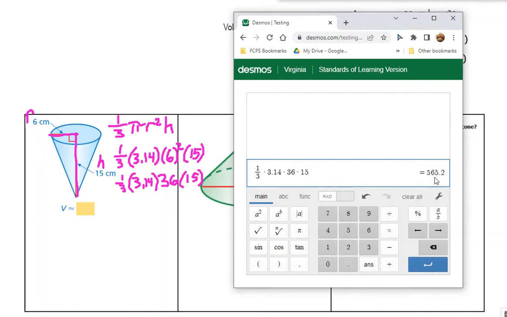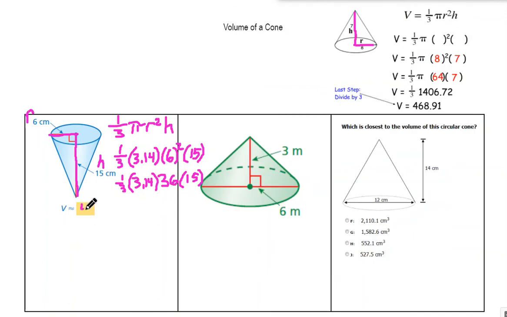And that gives me 565.2. And we always want to put our unit of measure, so that's centimeters. And then volume is always cubed. So it's 565 and 2/10 centimeters cubed.